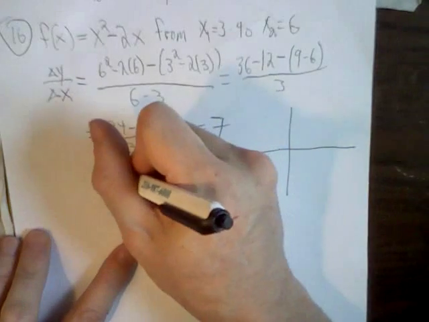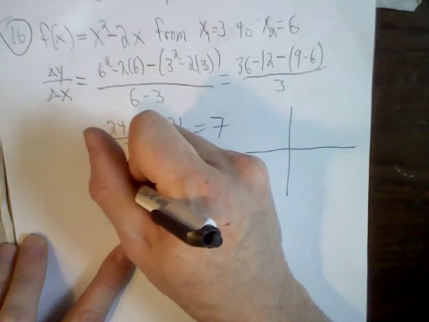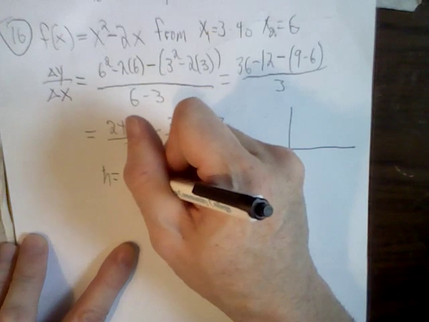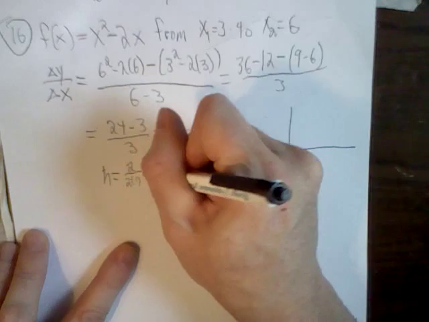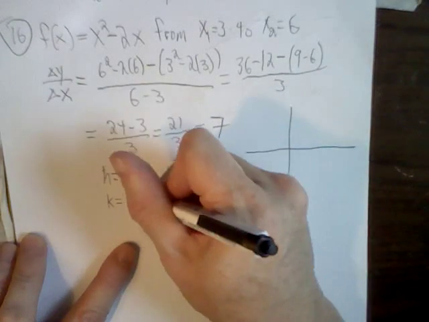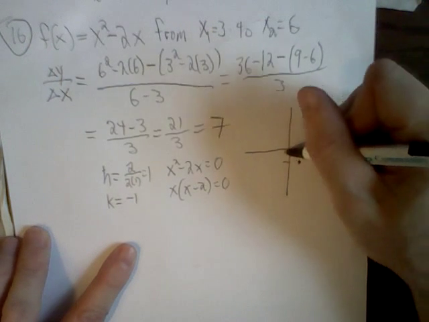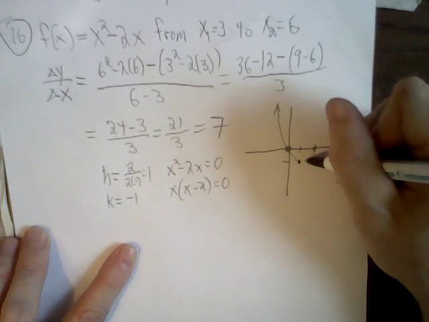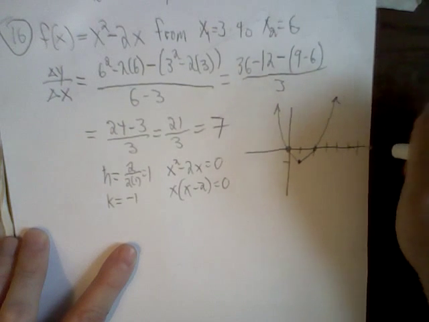Its vertex, we'll recall those formulas here later, but the vertex, the x-coordinate of the vertex, which we usually call h, negative b all over 2a, so 2 all over 2 times 1 is 1, and then plug 1 back in there, so k would be 1 minus 2, which is negative 1, so 1, negative 1 here, the intercept's at 0, and then 2, so the graph looks like this. And then 3, 4, 5, 6.